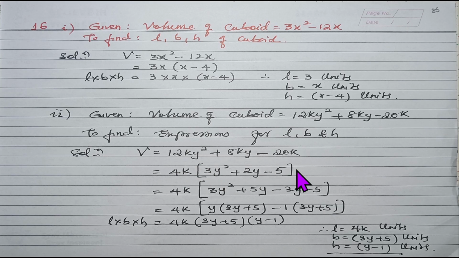Now we can go for the middle term splitting method on 3y square plus 2y minus 5, and we find the two factors of the given trinomial are 3y plus 5 and y minus 1. Therefore the factors are 4k, 3y plus 5 and y minus 1. Therefore the length can be taken as 4k, the breadth as 3y plus 5 and the height as y minus 1. So these are the three expressions of length, breadth and height.